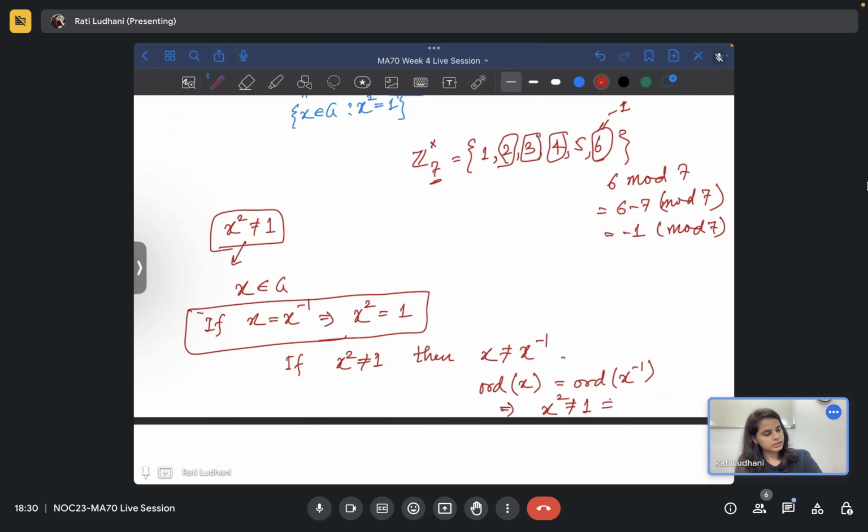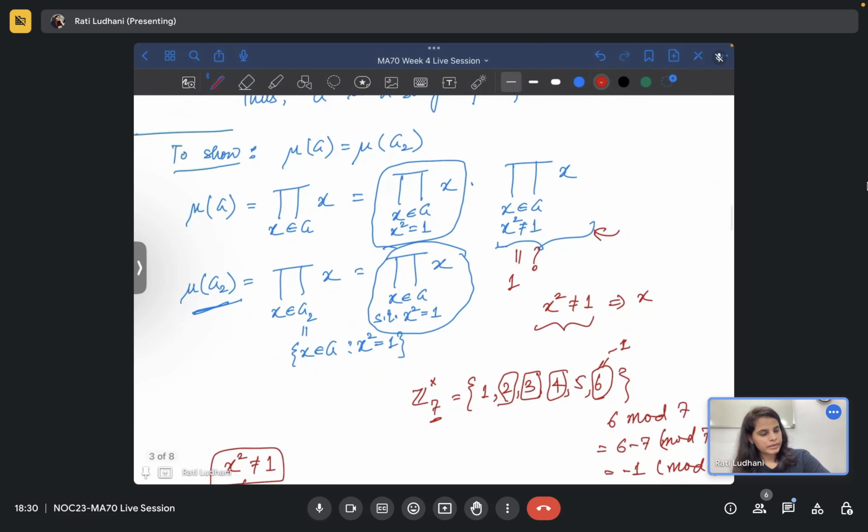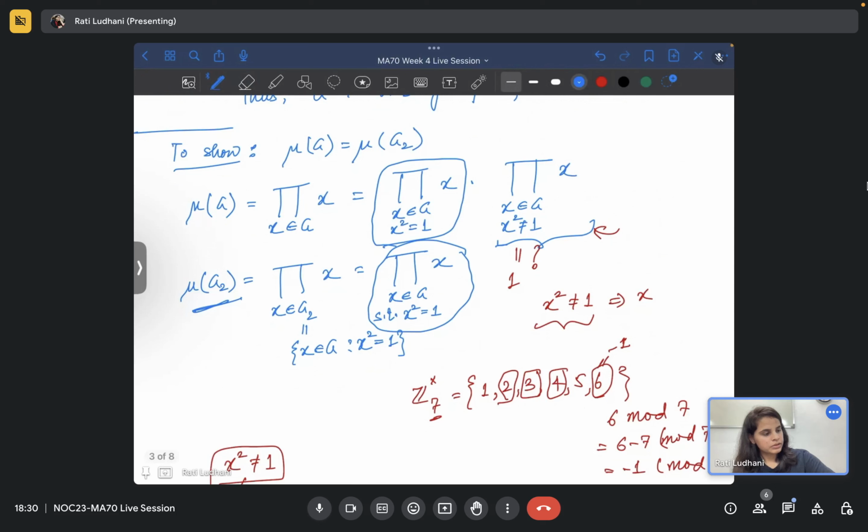So x square not equal to 1 implies that x inverse square is not equal to 1 also. With this condition, what we got in this part is that every element will be in pairs.